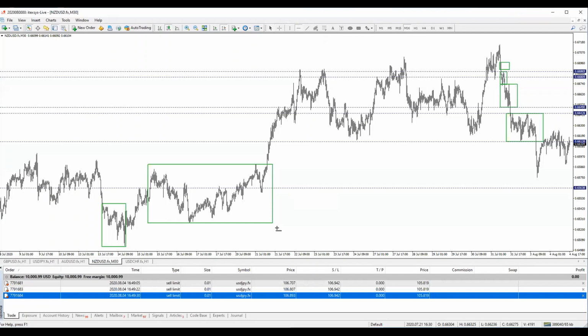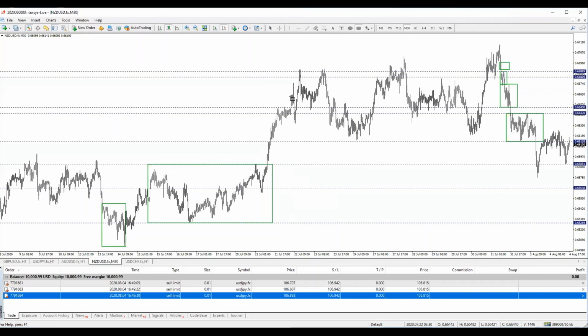And maybe the origin of the pole for this one, and the breakout level here. Okay, so here we have a lower time frame flag. We don't want to consider it at this point.